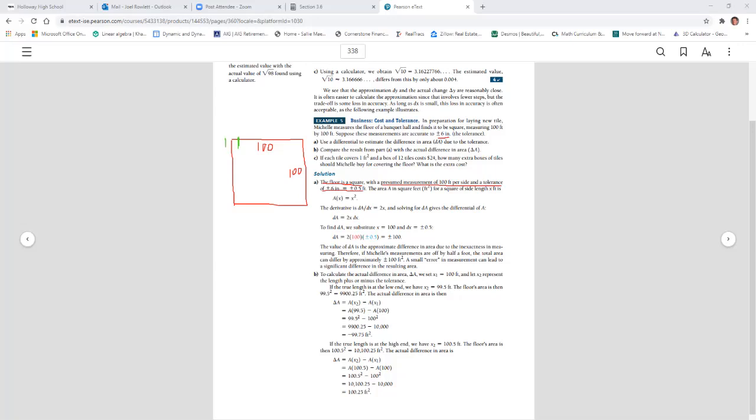We know that the area of a square is x squared. And if you take the derivative of that area function with respect to our variable x, the derivative of x squared is 2x.